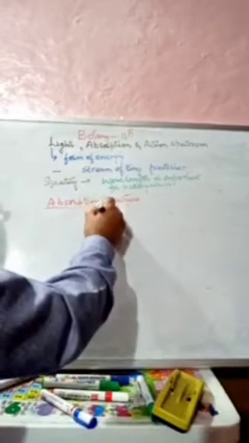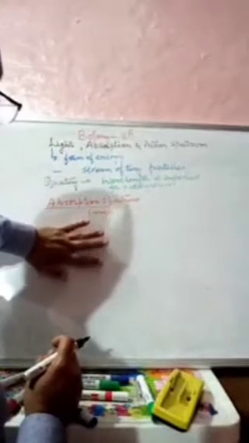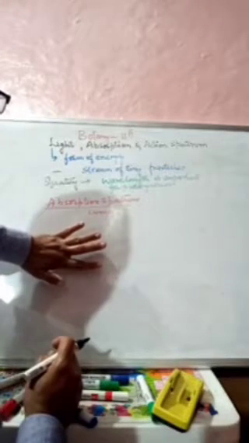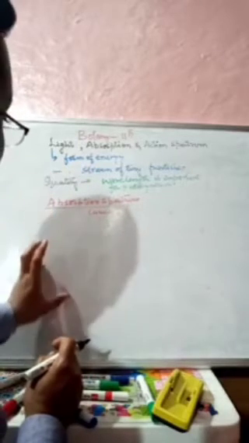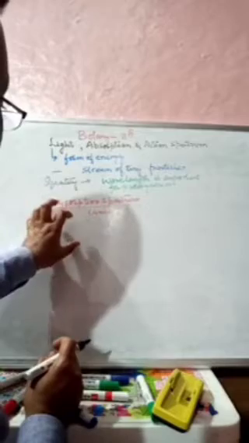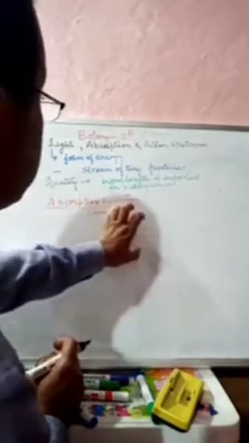It is simply the curve which represents the light being absorbed at each wavelength by a pigment. A pigment absorbs light at different wavelengths, and when we draw the graph, we get the curve. That curve is called the absorption spectrum.